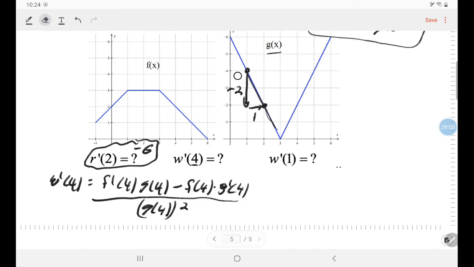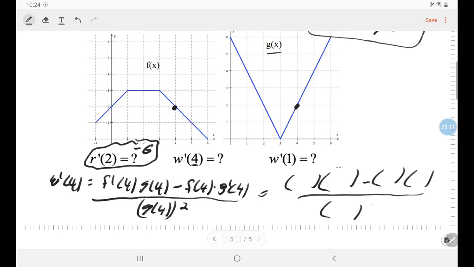Okay, now that we've got our equation set up, now we interpret. So here's 4 here, here's 4 here. So I'm going to have something times something minus something something all over something squared. I'm just going to knock off all the g's and the f's first.